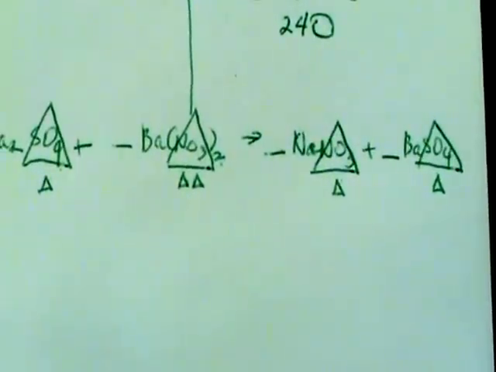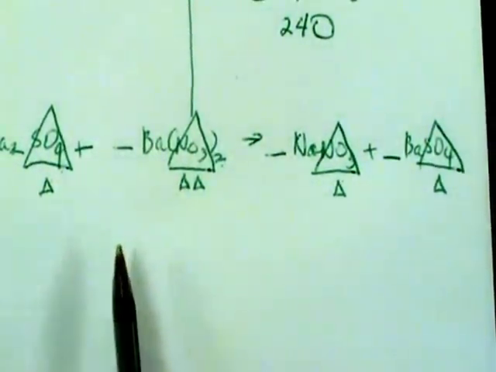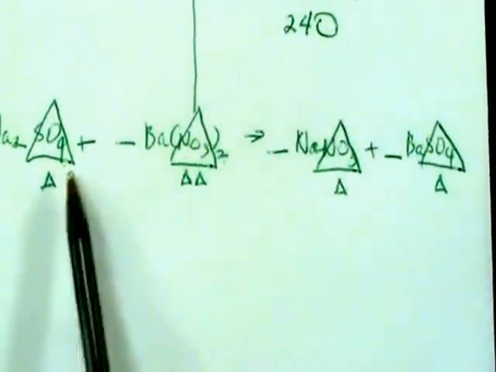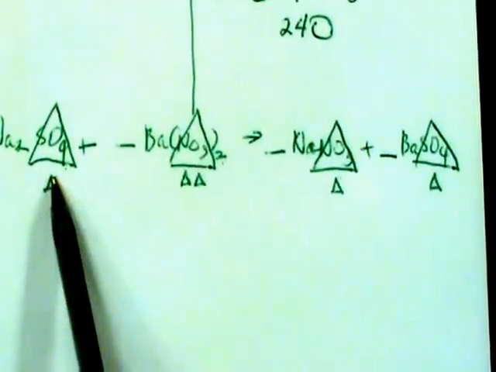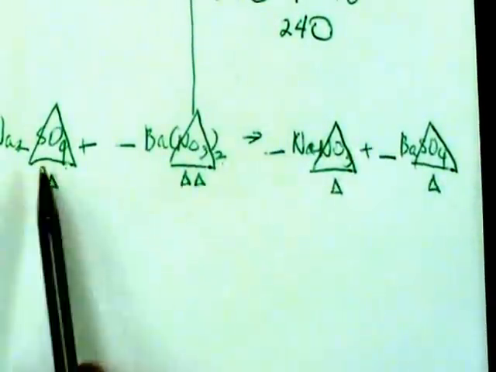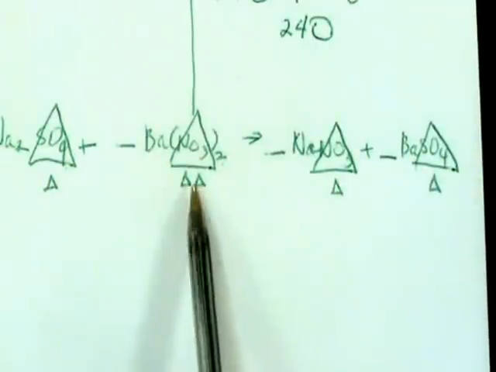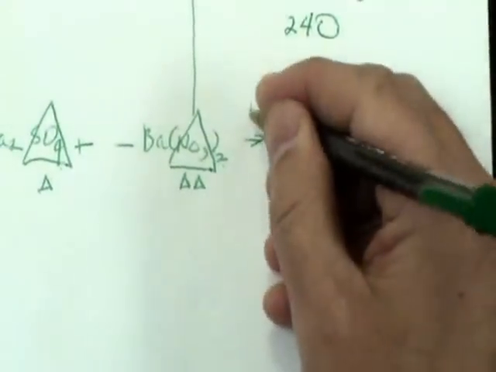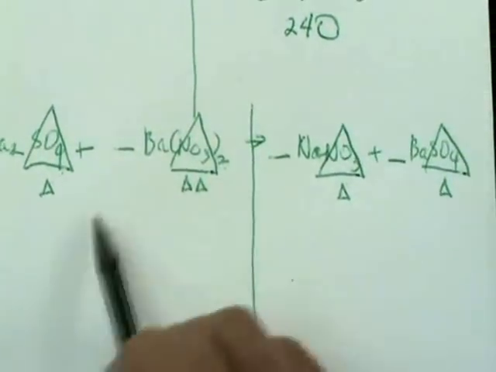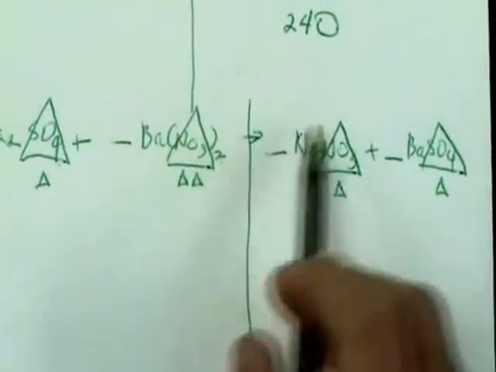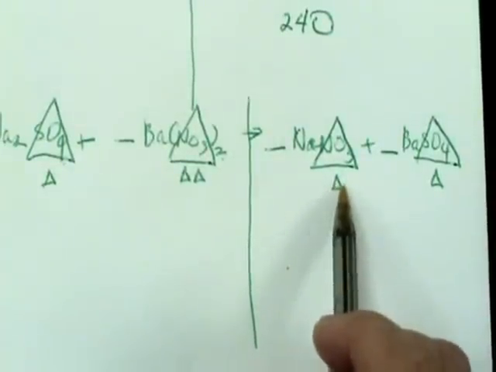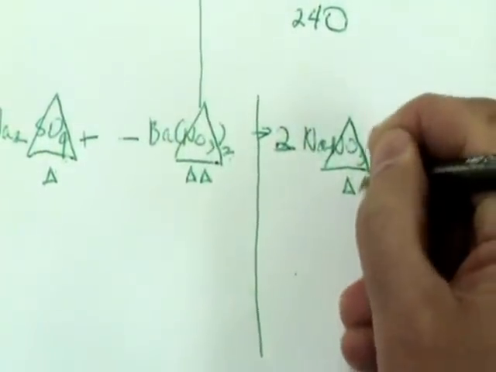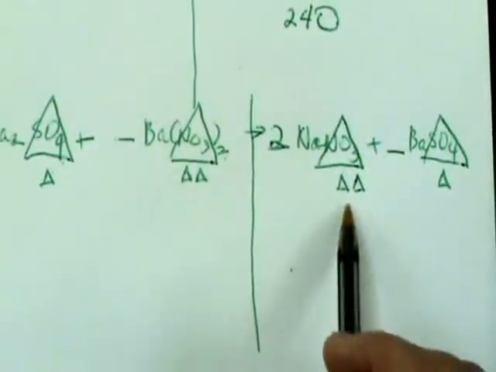Now the way I would do this is I would balance the triangles first. So we know that SO4 here and SO4 here are balanced. They have the same number of triangles. Now NO3 on either side, they're not balanced. So, here's our yield arrow, and we want this to become 2 triangles. So all I have to do is put the 2 here, and that gives us 2 triangles.